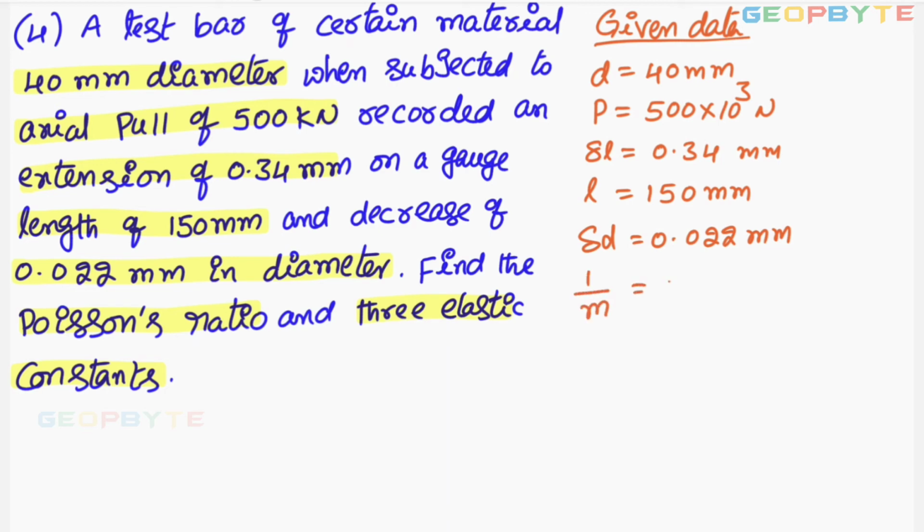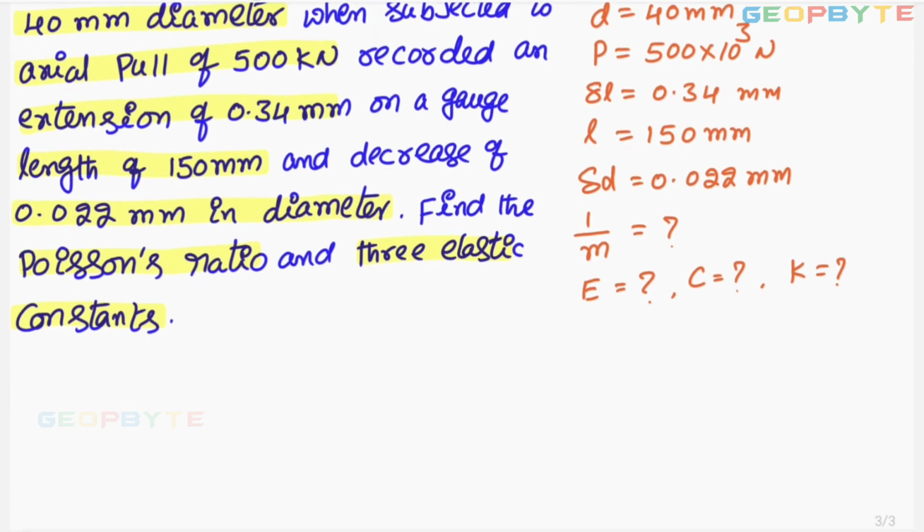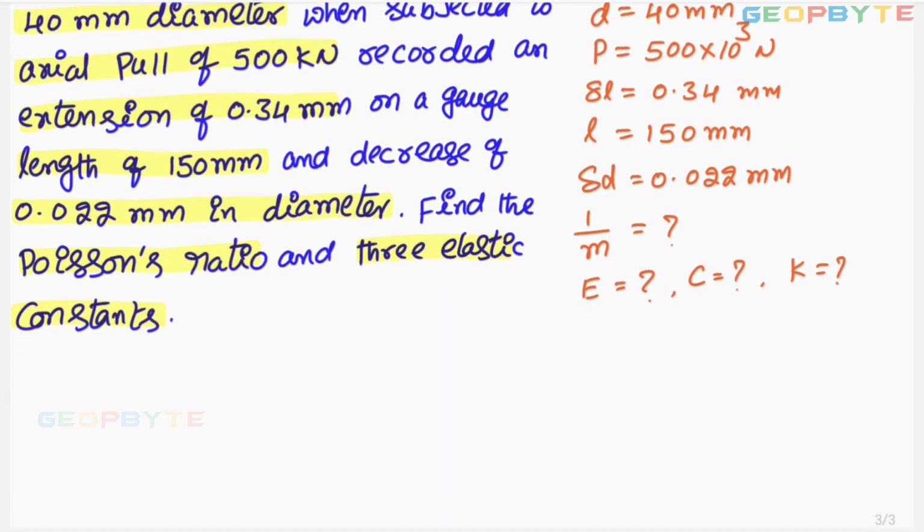Find the Poisson's ratio 1 by m, how much? And the three elastic constants: Young's modulus is how much? Shear modulus C is how much? And bulk modulus K equal to how much? First let us decide the Poisson's ratio. You know Poisson's ratio equal to lateral strain by linear strain.